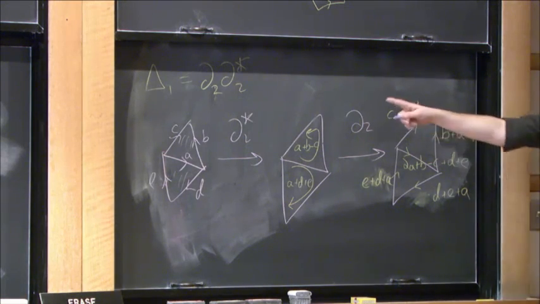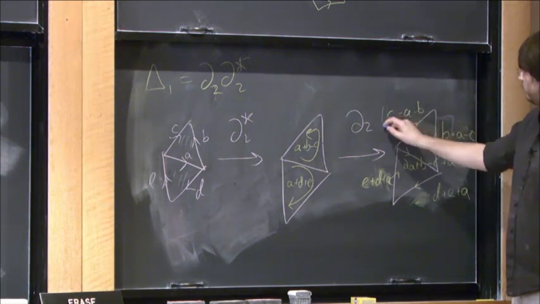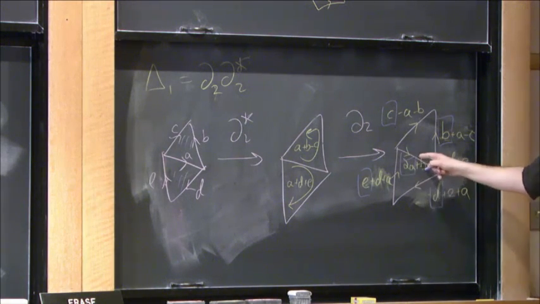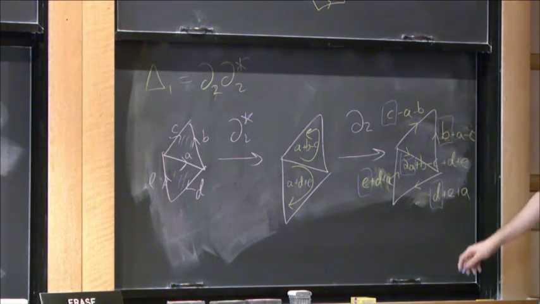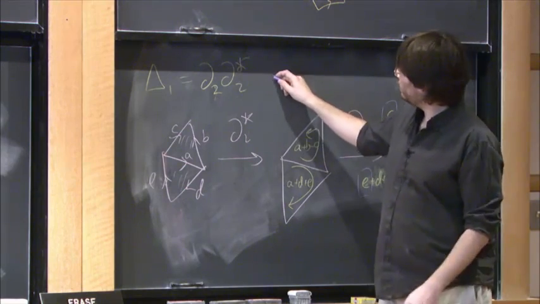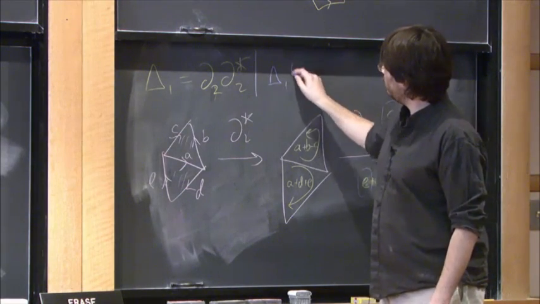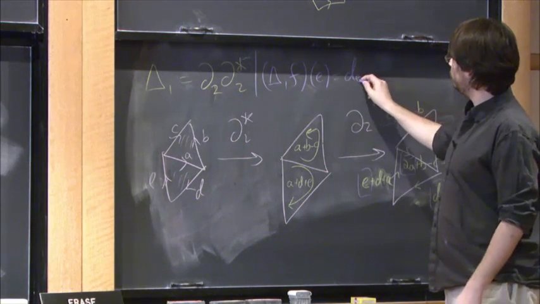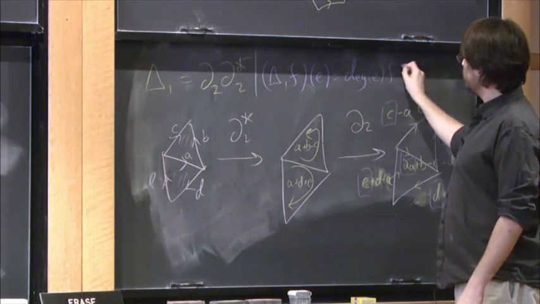See that each of them got the original value, B, C, E, D, and here 2A, because this was adjacent to two triangles. So delta 1 of a form over some edge really starts with the degree of the edge.